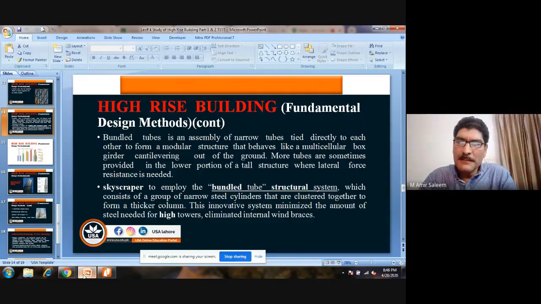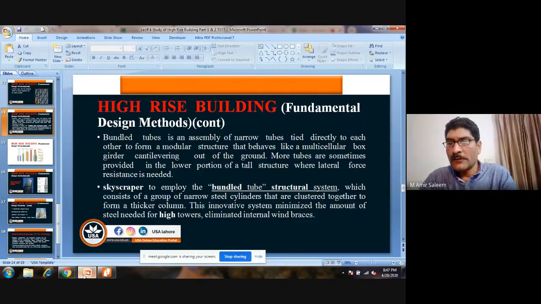The bundled tube system is an assembly of narrow tubes tied together to form a modular structure that behaves as a multicellular box. So we use different tubes, tied up with different methods, to make a multicellular box, and it is safe.